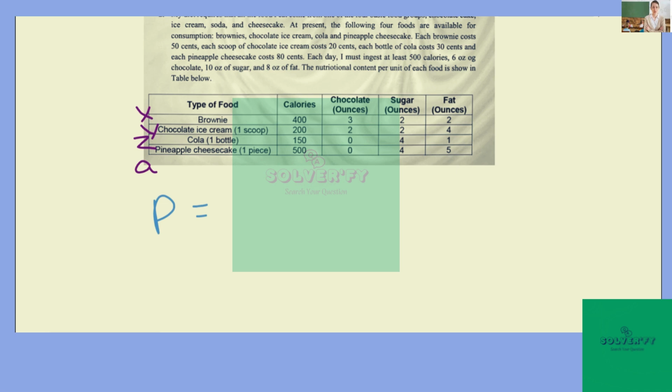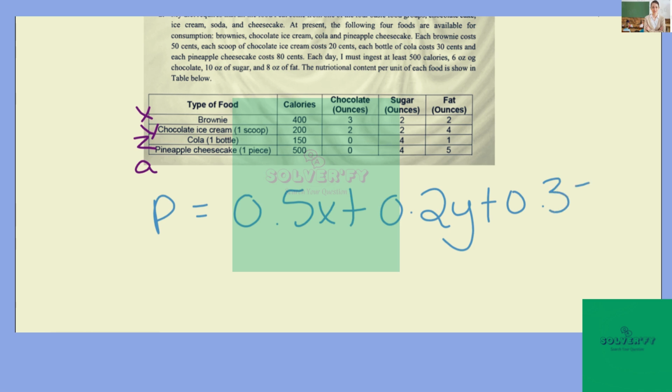So to figure out my cost, I need to take the cost of each times the variable. So brownies cost 50 cents, so that's going to be 0.5 times X, plus chocolate ice cream costs 20 cents, so 0.2 times Y. Cola is 30 cents, so 0.3 Z. And lastly, 80 cents for cheesecake, so 0.8 A.